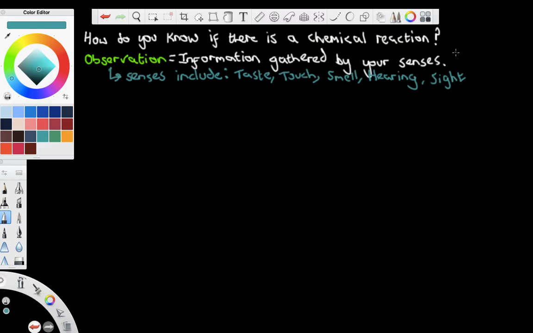So in order to know if a chemical reaction has taken place, you need to use your senses. You need to make an observation.